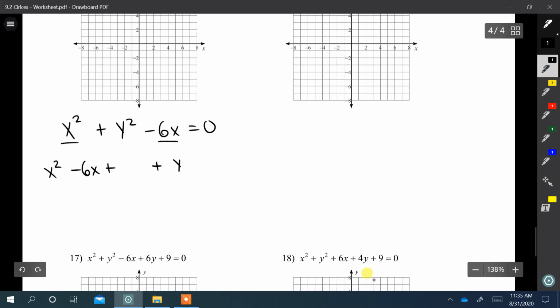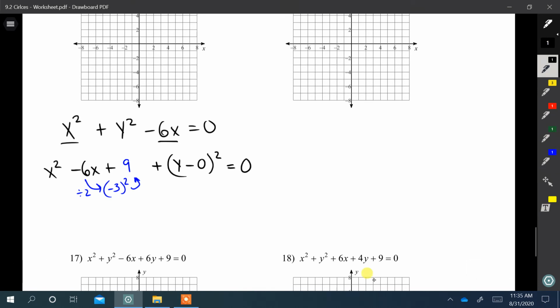And then I have y squared, which I'm going to write as y minus 0 squared, because I don't have anything y related anymore. So then here, what is it that I'm going to add? Well, we have to divide the 6 by 2, that gives us -3. Then we square that, and that's what we put right there, the 9.